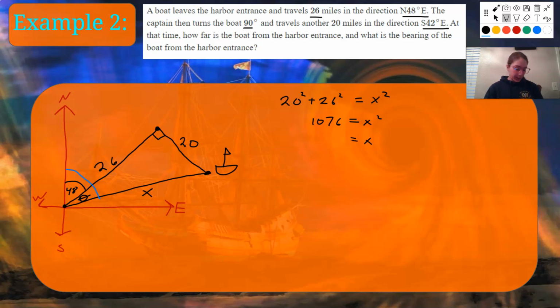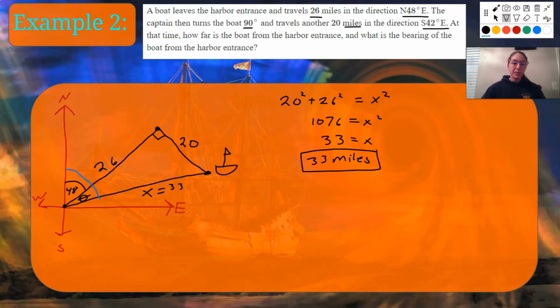So we square root that. And how many significant digits do we have? 2, 2, 2. So I need only two significant digits, so I got to round this off. So this is going to be 33. So I now figured out that x is equal to 33. Great. So how far is the boat from the harbor entrance? Well, it's 33 miles. So I answered my first question.